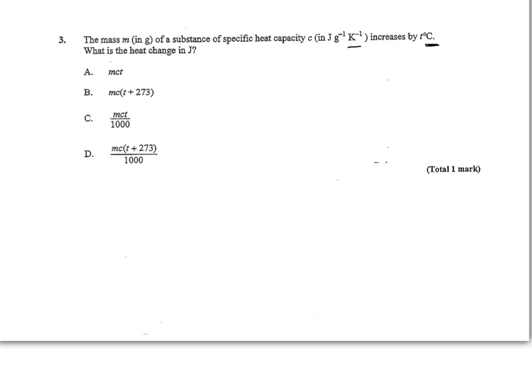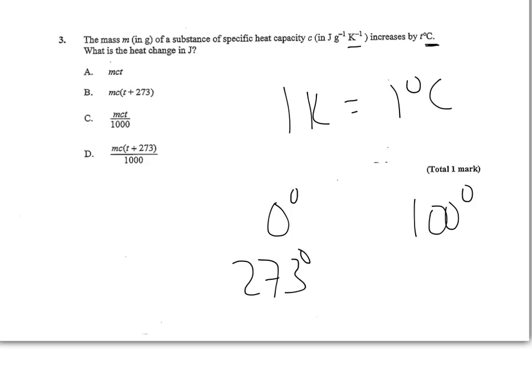And the relationship is that 1 Kelvin is the same amount of energy as 1 degree Celsius. 0 degrees is freezing on the Celsius scale, 100 is boiling, and on the Kelvin scale, 273 is freezing and 373 is boiling. And actually you don't use degree signs with Kelvin because you just had to be different. So it's a 1-to-1 conversion, so it's not going to affect it, and A would be the correct answer.